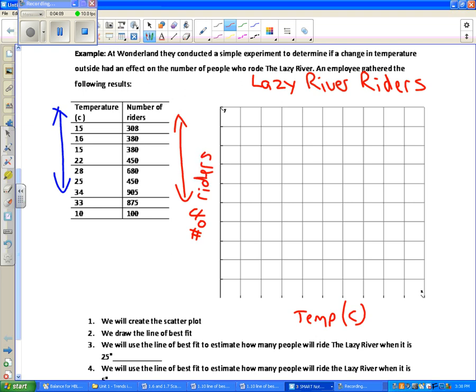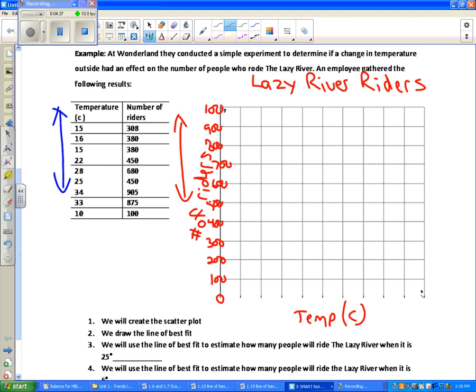And now I want to select my scale. For number of riders, I can simply go 0, 100, 200, 300, 400, 500, 600, 700, 800, 900, and 1,000 at the top.